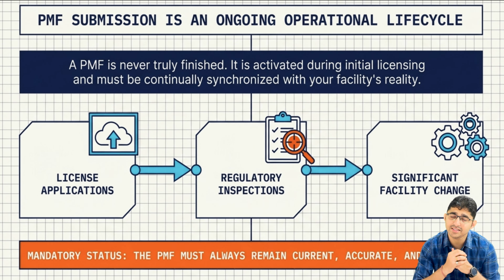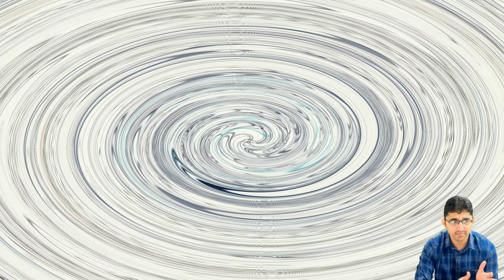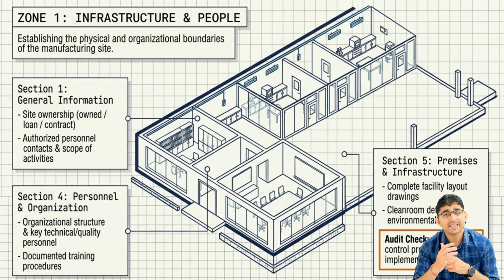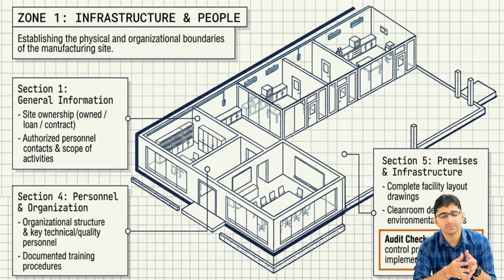Number one is the general information. When I say general information, it means we are going to speak about the manufacturing site. When I say manufacturing site, it means the name, address, and the site ownership detail. When I say site ownership detail, it means the plot where this factory is set up.